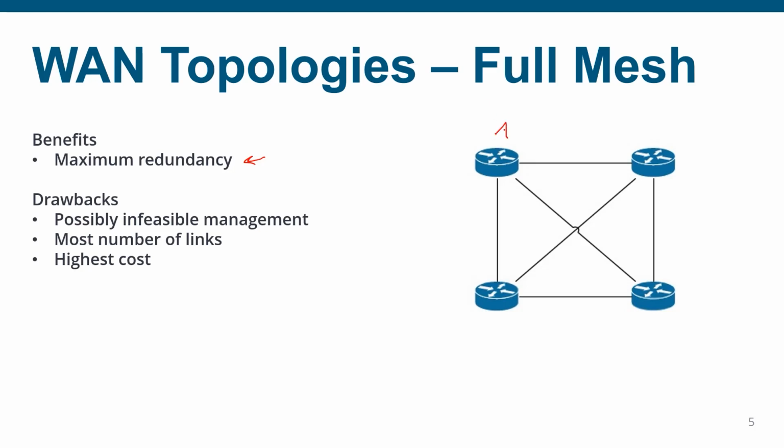So we have node A, B, C, and D. A is connected to B, D, C, B is connected to A, C, D, etc. Every node is connected to every other node. So any one of these could go down and we would still have full connectivity to every other node.